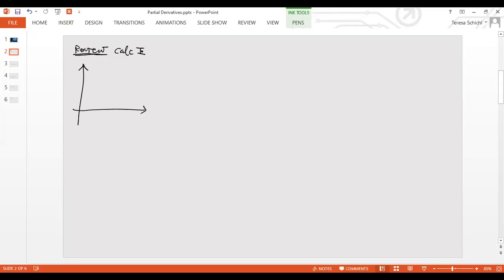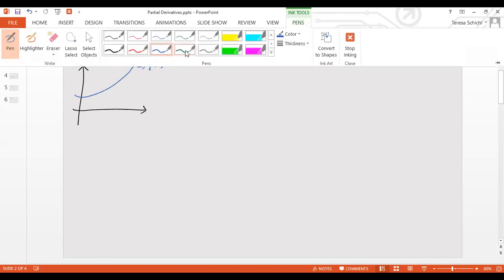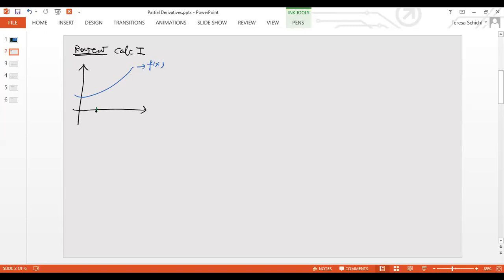Here, this is my curve, my function. I say this is f of x. Then I have a point A here, and a point x here. In Calc 1, we know the derivative at the point A is the slope of the tangent line, right?